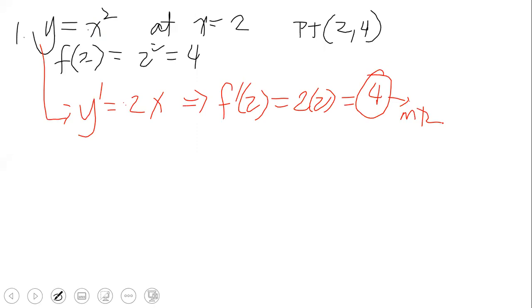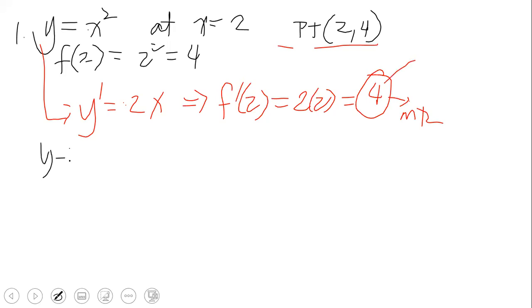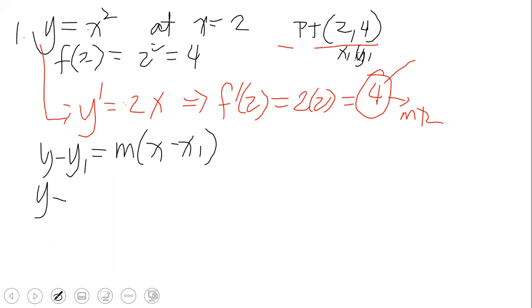Then we already have the slope and we already have the point. So we will use the point slope form. So we have y minus y sub 1 equal to m times x minus x sub 1, where we have (x1, y1). So meaning we have y minus 4 equivalent to 4 times x minus 2.